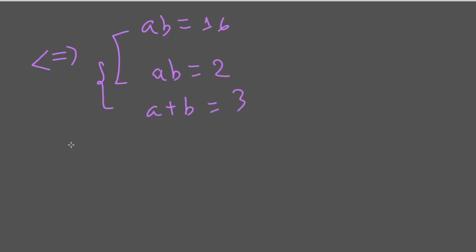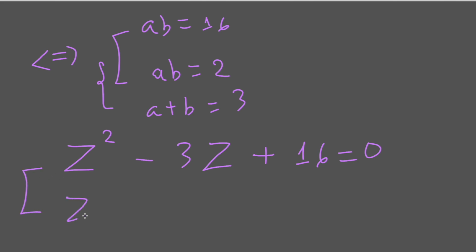Then these will be the roots of an equation. If the sum is 3, so z squared minus 3z plus 16 in this case, this equation has no root, so this is impossible.